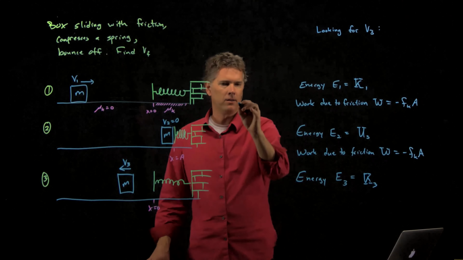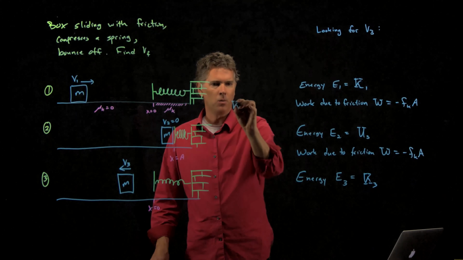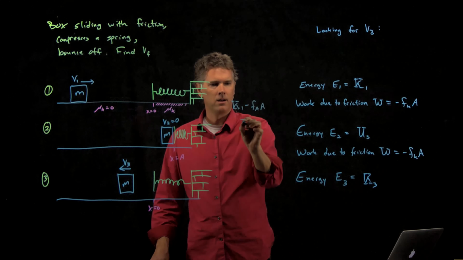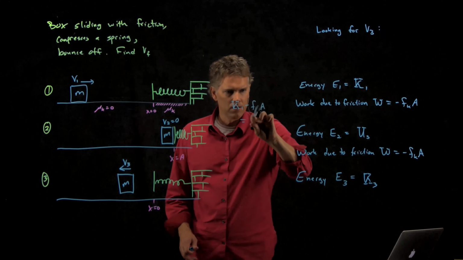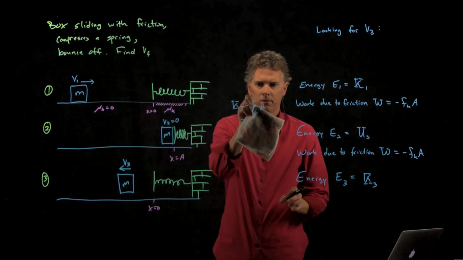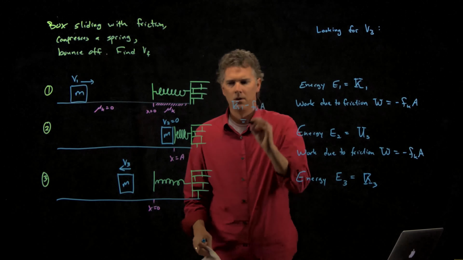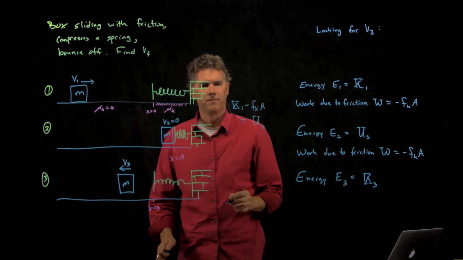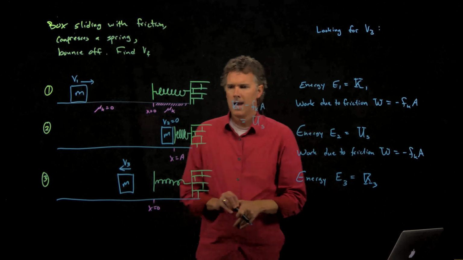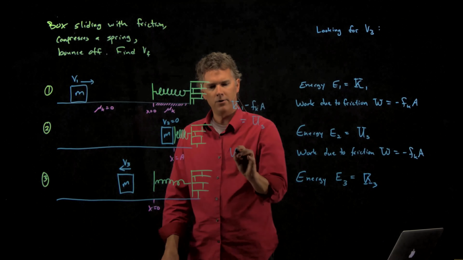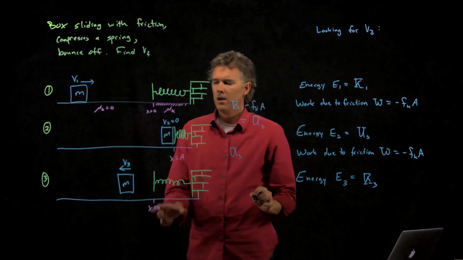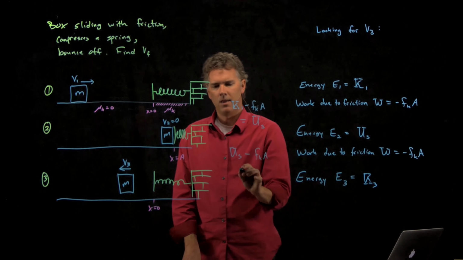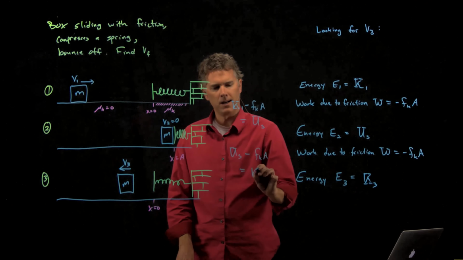And so we could say that kinetic energy 1 minus FkA is going to be equal to whatever energy is stored in the spring. And now going from 2 to 3, whatever energy is stored in the spring, subtract FkA, and that's got to be equal to the final kinetic energy, K3.